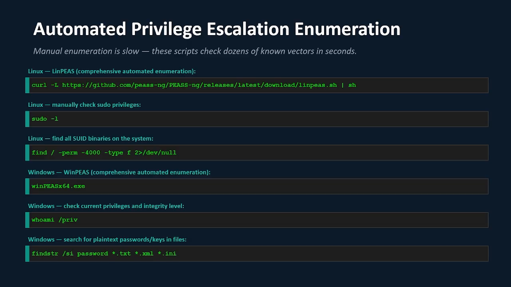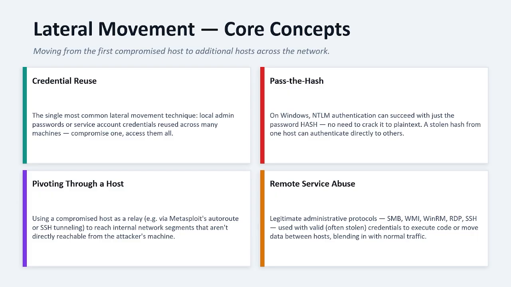You can use sudo -l to manually check sudo privileges. You can use the find command to look for all SUID binaries on that particular system. There's WinPEAS for Windows automated enumeration. And there's all sorts of other commands and everything else. So there's just a lot of different automated privilege escalation tools out there that you can use.